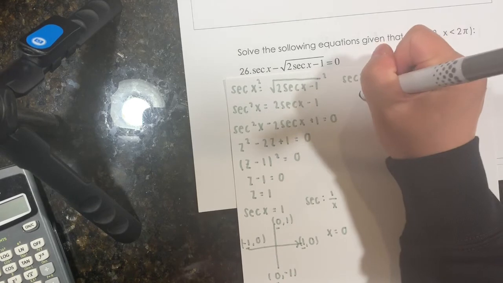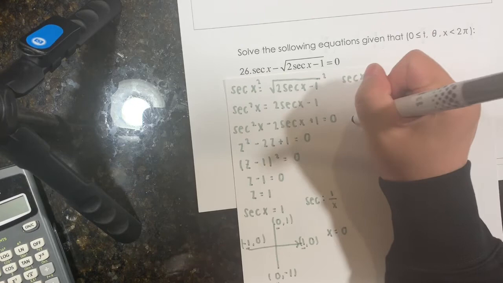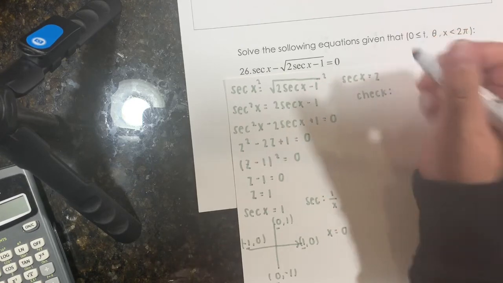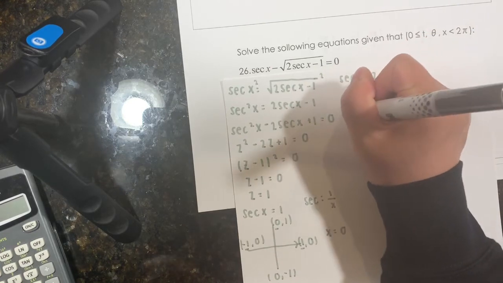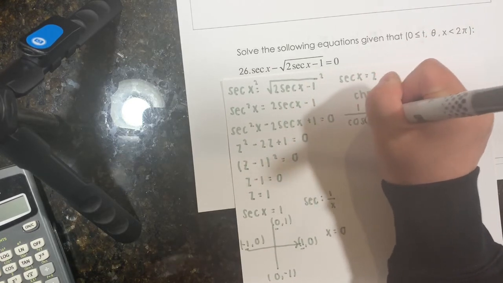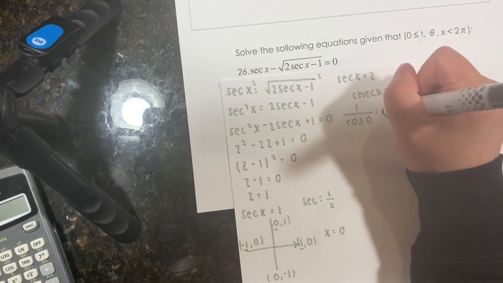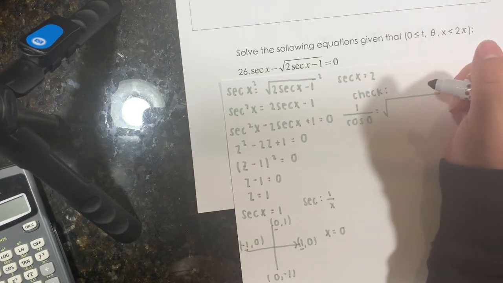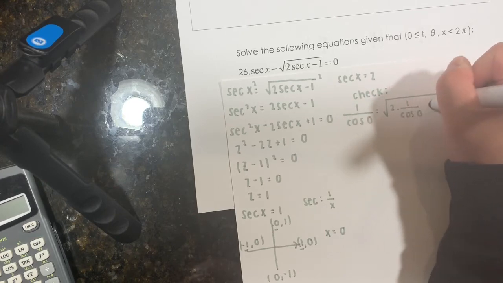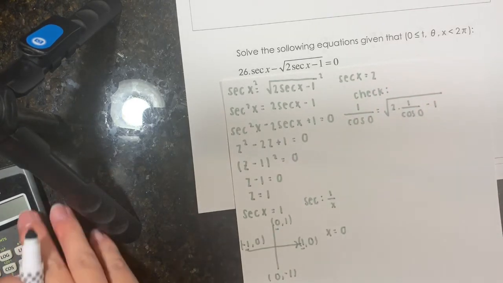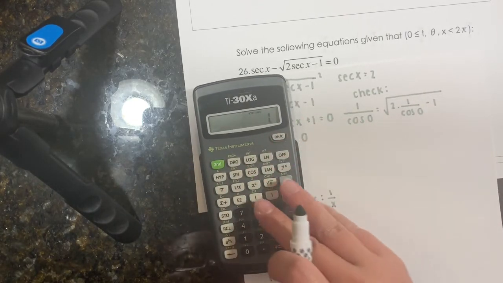But I do need to check my answer because my original problem had a square root in it. Sorry, that was confusing. So I'm going to do 1 over cosine of 0, see if that's equal to the square root of 2 times 1 over cosine of 0 minus 1. So cosine of 0 is going to be equal to 1.